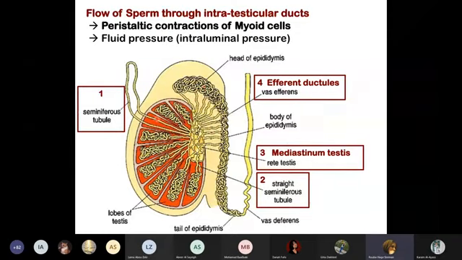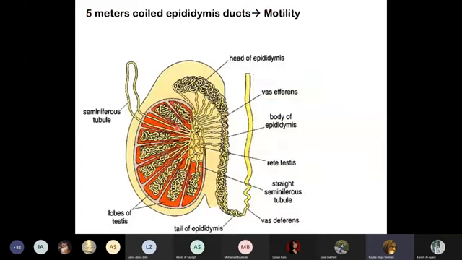Therefore, the movement from the seminiferous tubule to the straight tubules, then to the rete testis, then to the efferent ductules, is triggered by peristaltic contractions of the myoid cells, as well as by the fluid pressure, the intraluminal pressure, because at this moment the sperm in the lumen is not motile.